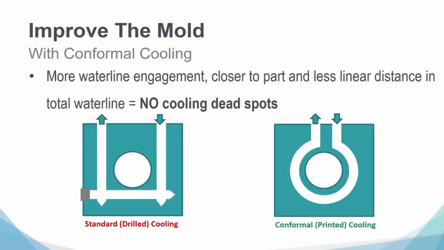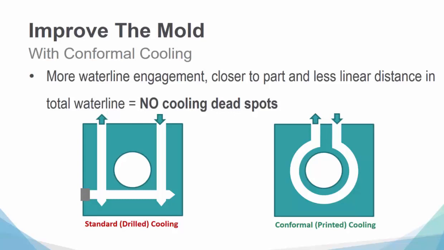Another way to look at it might be with this diagram. A simple straight drilled line like you see on the left-hand side. As you look at that, you can see there's three sweet spots that are close to the molded part itself. And you can see just because it's coming close and then drifting away to the corner, then coming back close again, that it's not going to be as uniform as what you see on the right, where you have a conformal cooling line wrapping itself around, keeping equal distance away.